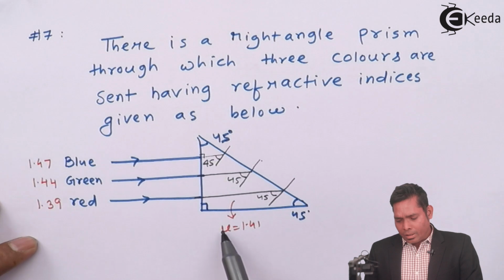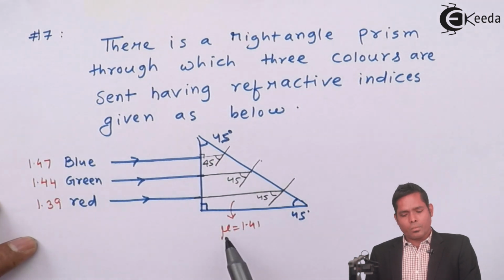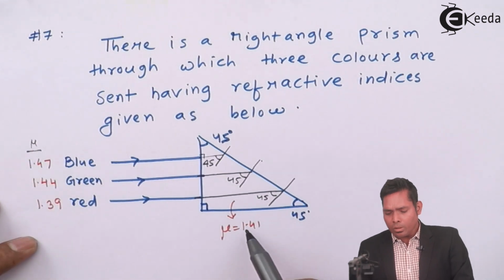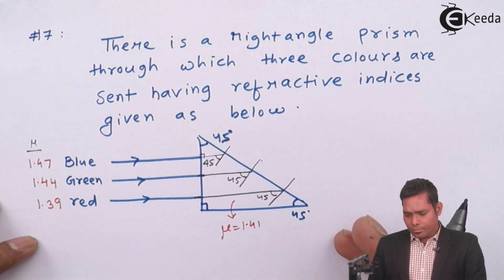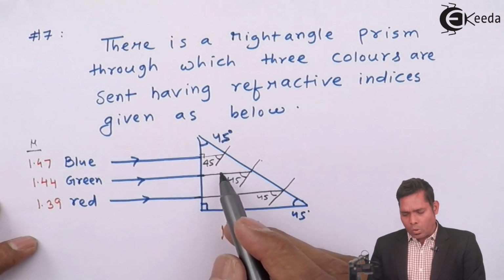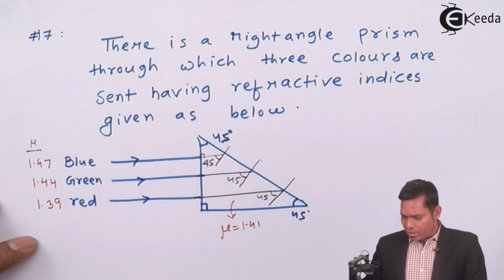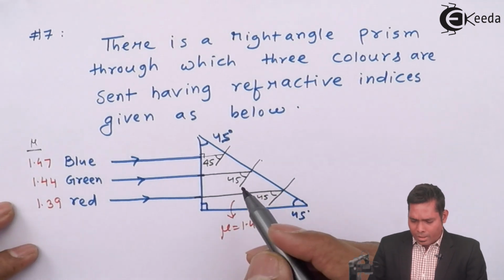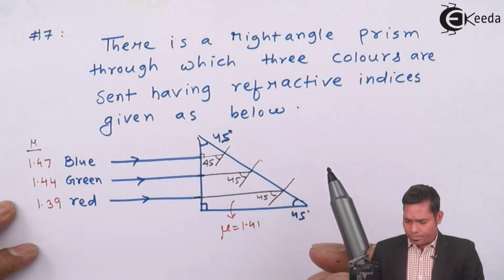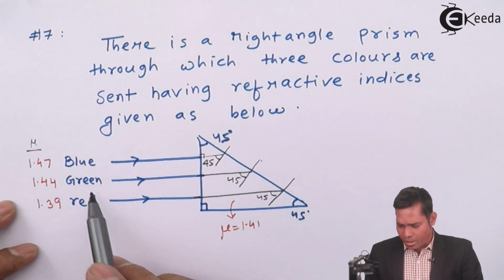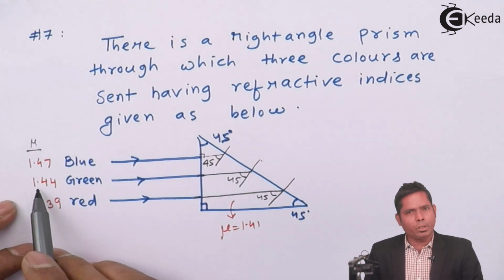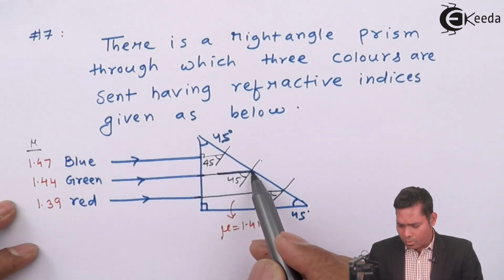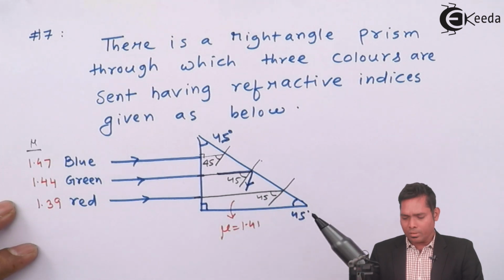If mu is greater than this value, they will undergo total internal reflections. So out of these, the rays which undergo total internal reflections are green, 1.44 is greater than 1.41, so the green light will undergo total internal reflection.